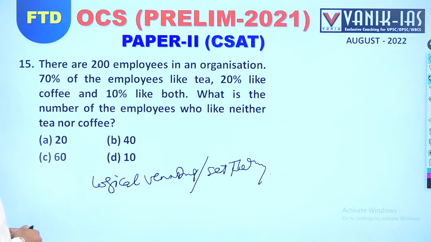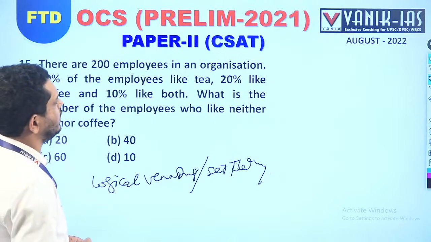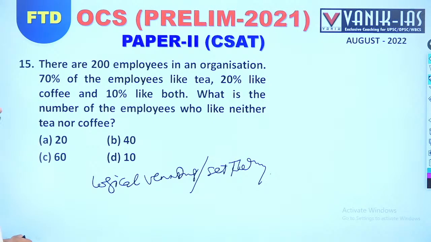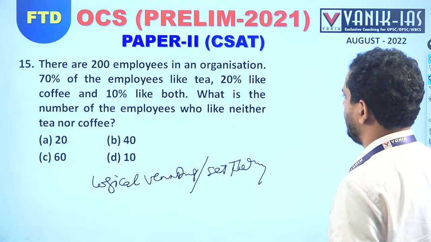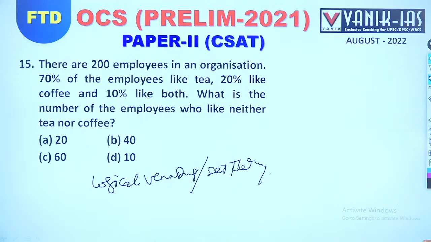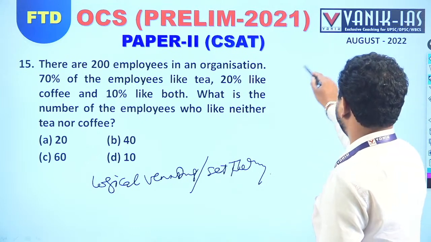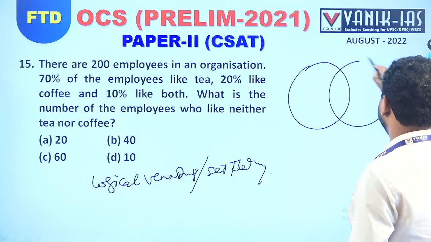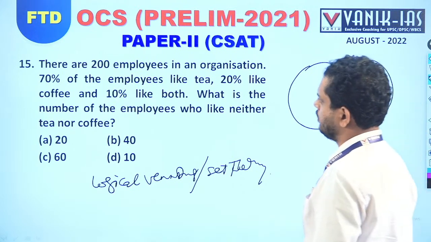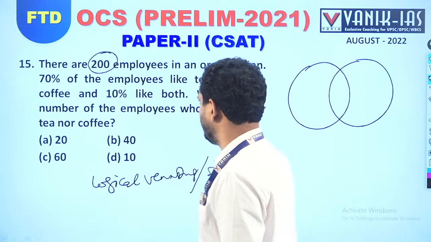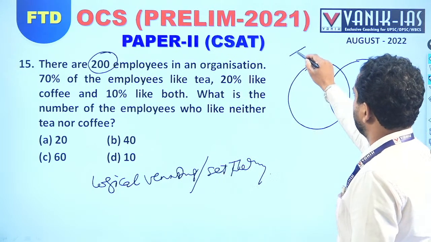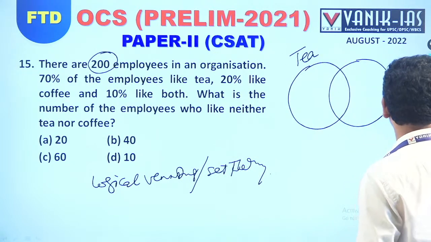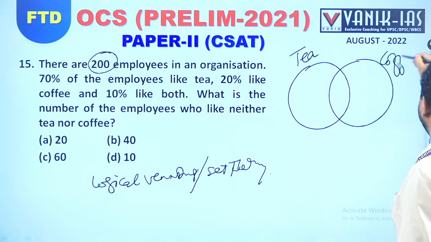So the question is, there are 200 employees in an organization. 70% of the employees like tea, 20% like coffee, and 10% like both. So I have two segments over here. Of course, there are 200 employees, and one set is for tea, another one is for coffee, right?